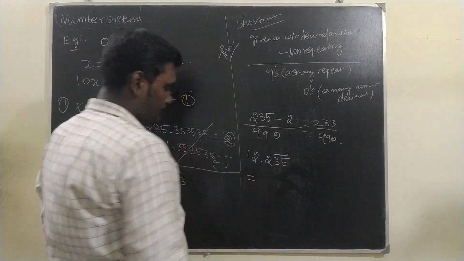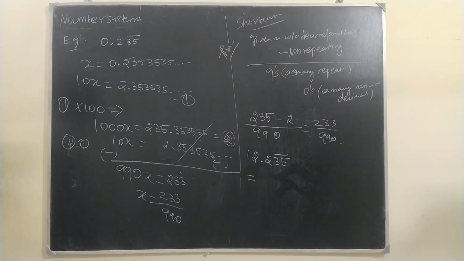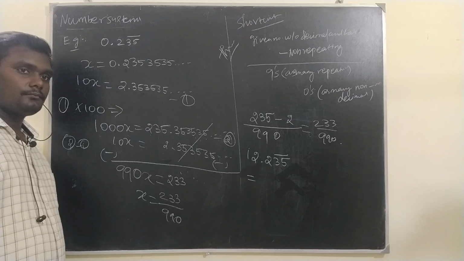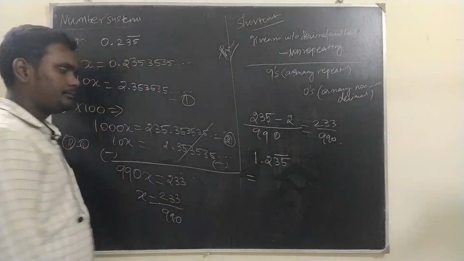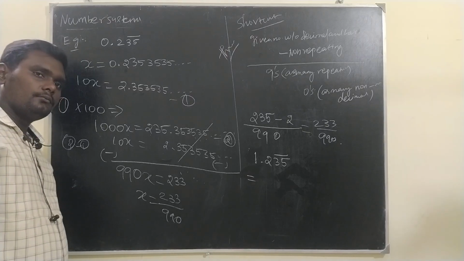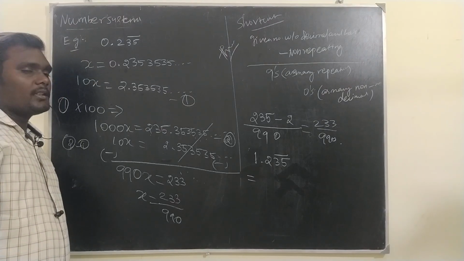Can you say what is the P by Q form of 12.235 bar? Twelve point would be tough, make it 1.235 bar. Come on, use the shortcut and say.